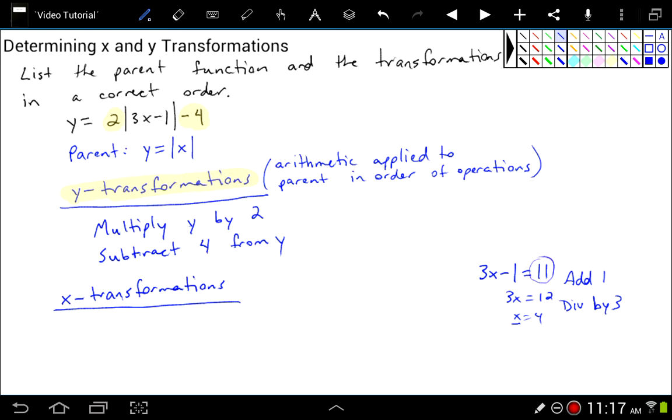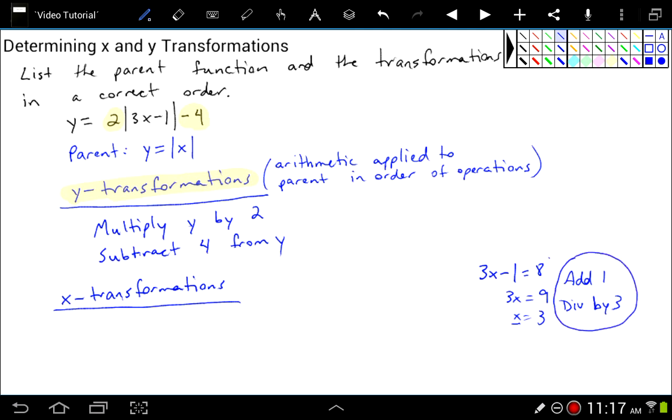Let's say I would like to make my absolute value up here, let's say I'd like to have an 8 in there. Then all I would do is, instead of having 11 in this equation, I would have an 8. And I would still add 1 and divide by 3. These are my x transformations.